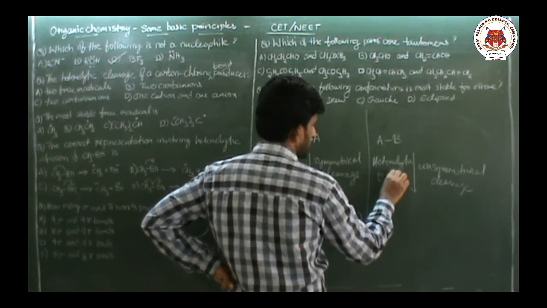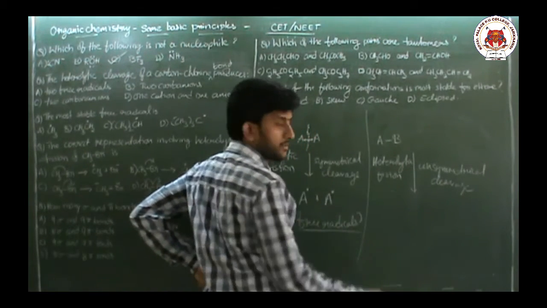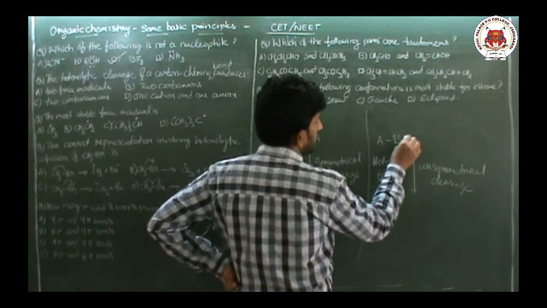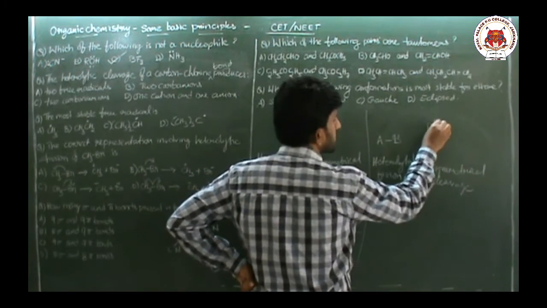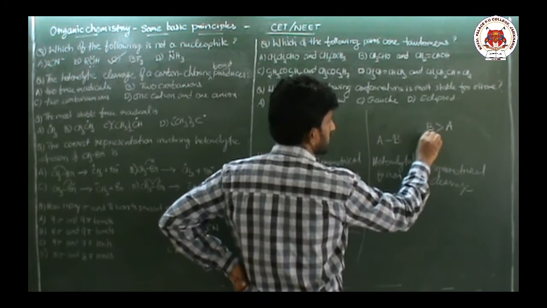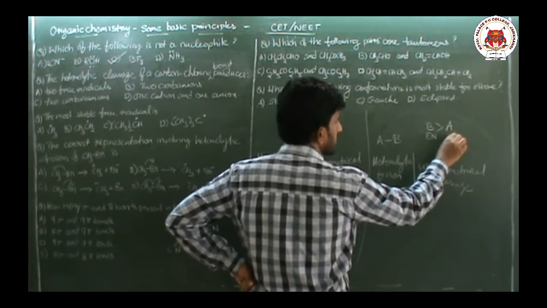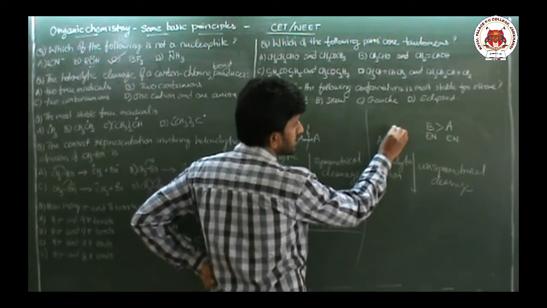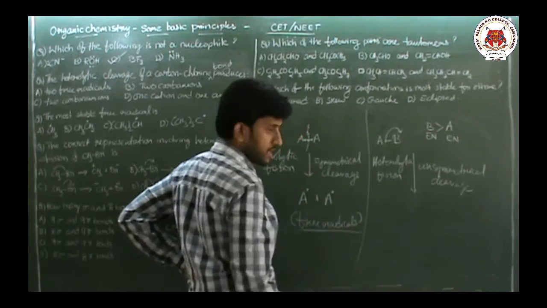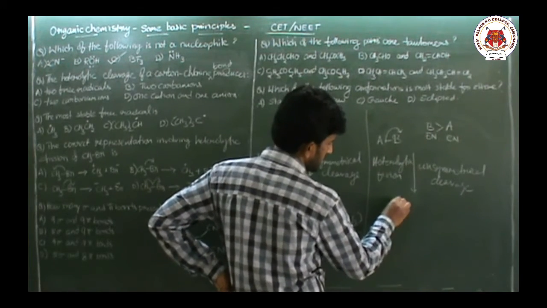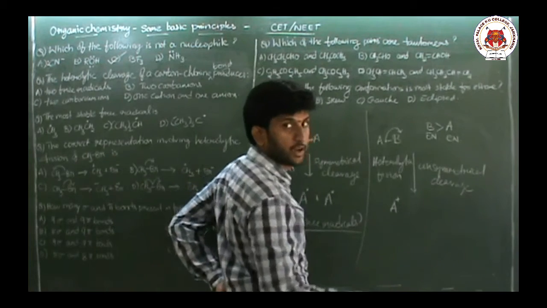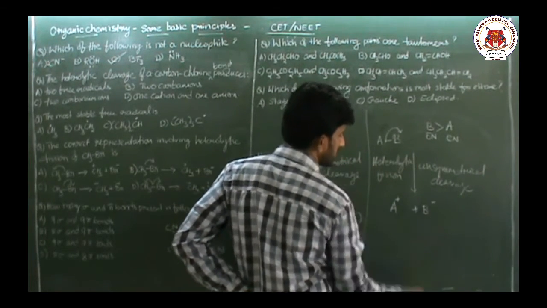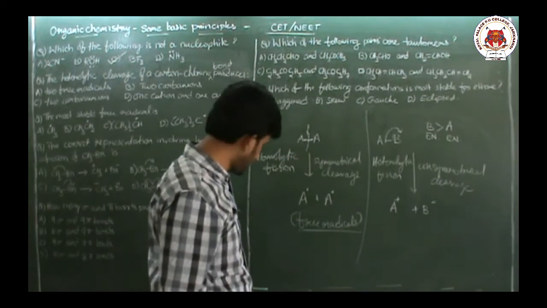If heterolytic fission takes place, then unsymmetrical means the bond is not cleaved exactly in the center. So let us assume here B electronegativity is more than A. Electronegativity of B is more than electronegativity of A. Then the bonded pair of electrons transfers towards B. So A gets positive charge because the electrons of A are also taken by B, and B gets negative charge because the total bond pair electrons are transferred to B.